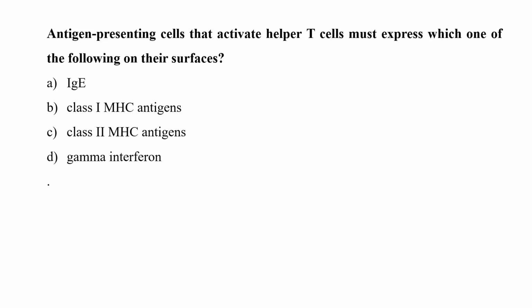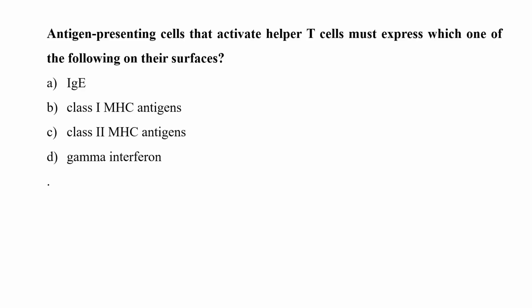Antigen presenting cells that activate helper T cells must express which one of the following on their surfaces? Ig, class 1 MHC antigens, class 2 MHC antigens, or gamma interferon. T helper cells, or CD4 positive helper cells, recognize and interact with the antigens which are bound to the class 2 MHC molecule present on the membrane of antigen presenting cells.